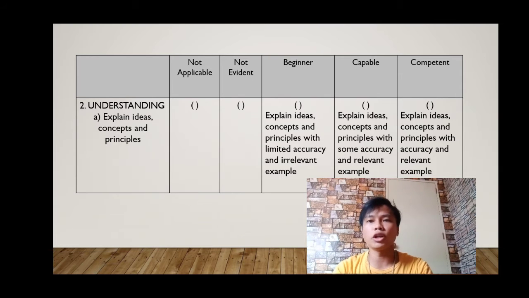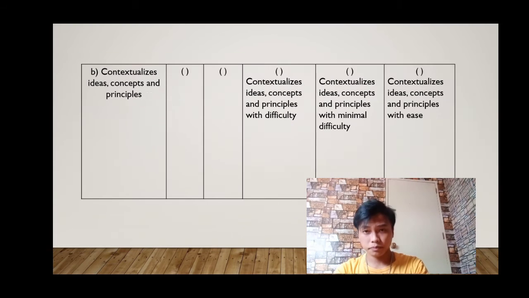So let's proceed to another situation, which is the students contextualize ideas, concepts, and principles. In the category of beginner, the students can contextualize ideas, concepts, and principles with difficulty.